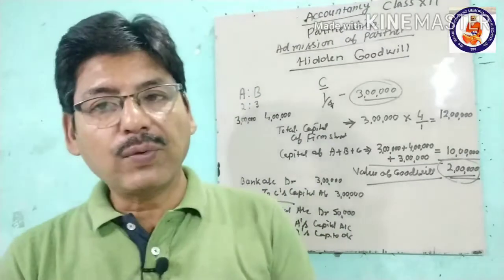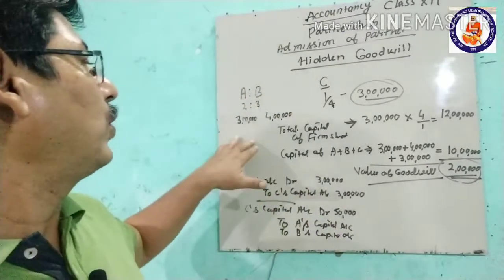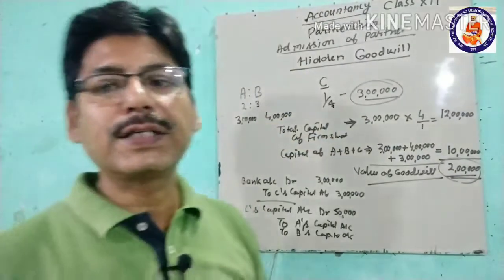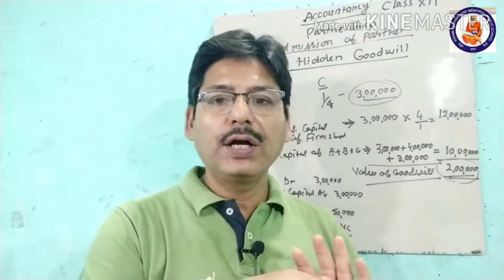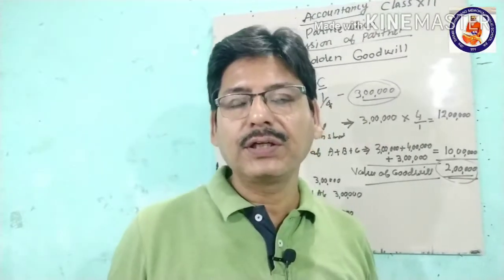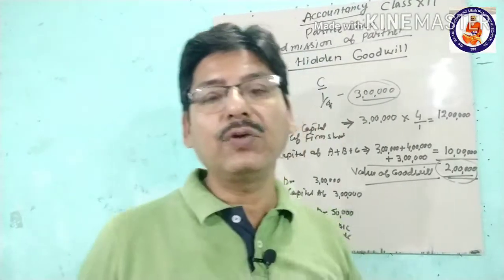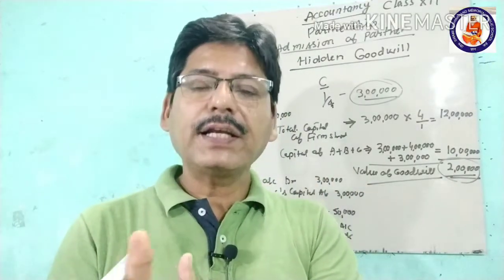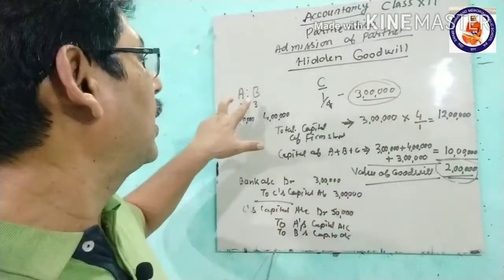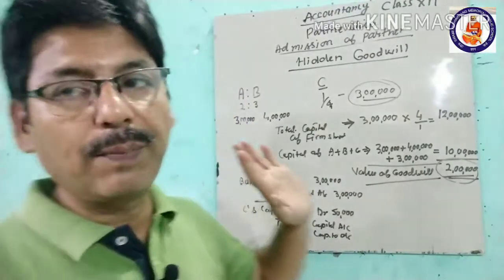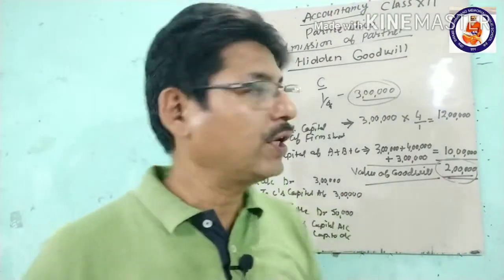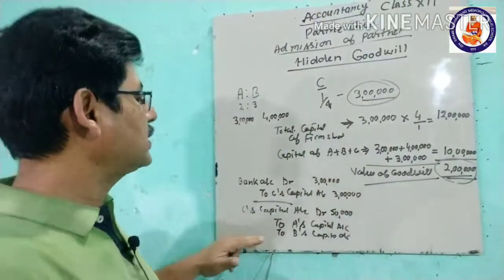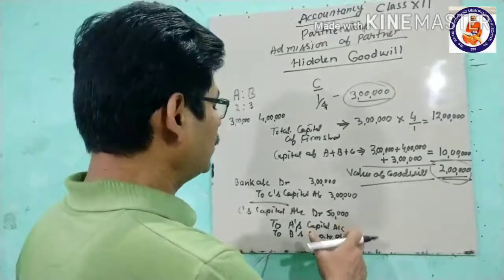Here, when the share of the new partner is given in the question and nothing else is given, the sacrificing ratio is the old profit sharing ratio among the old partners, that is 2:3.